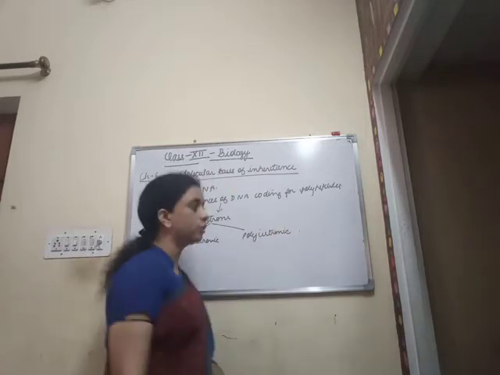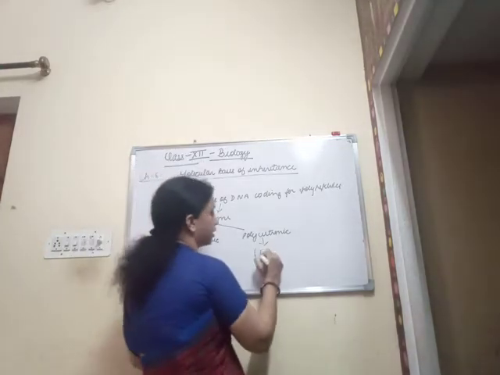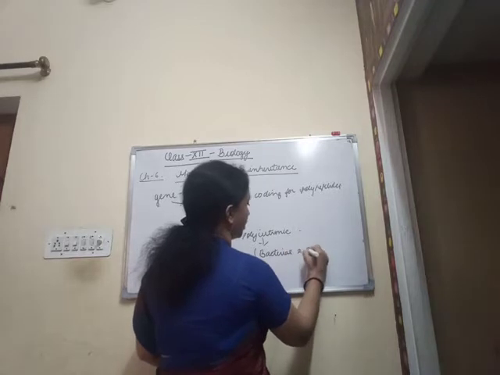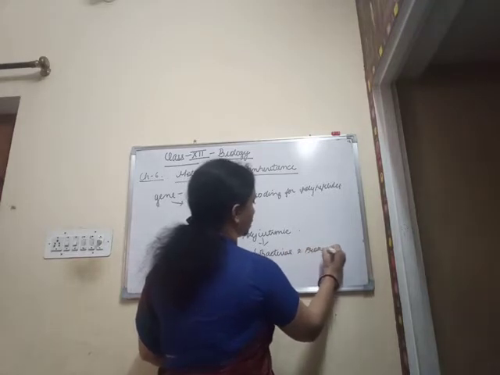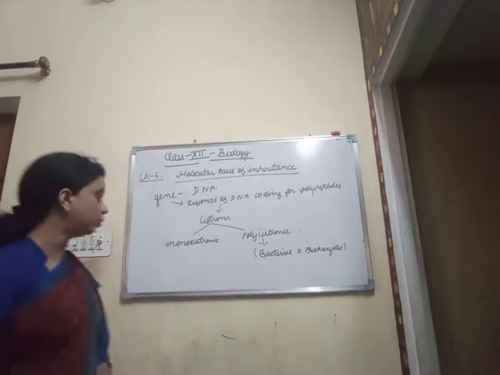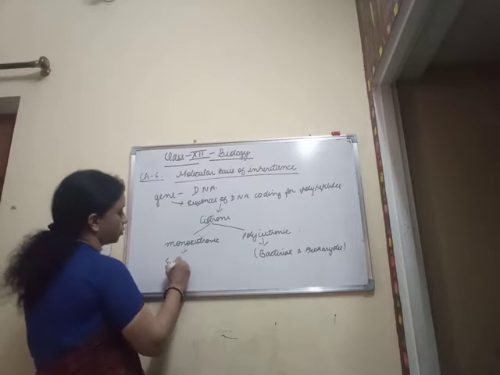Okay, the polycistrons occur in bacteria and prokaryotes. But the monocistrons occur in the eukaryotes.